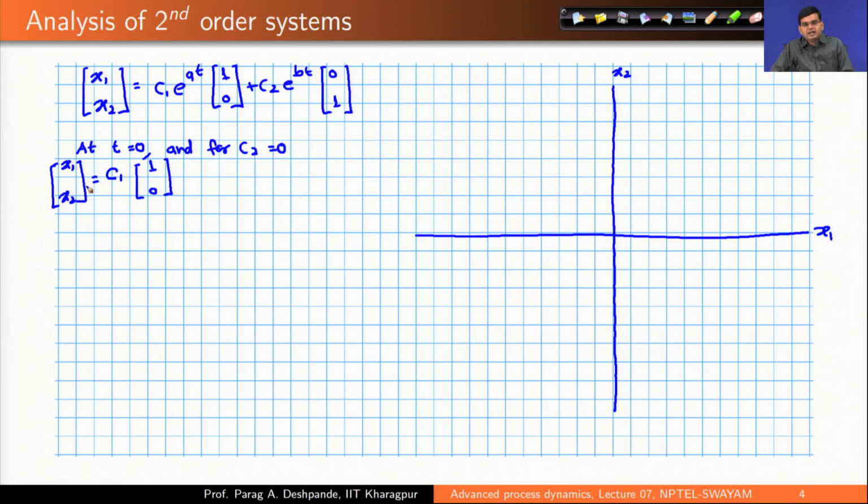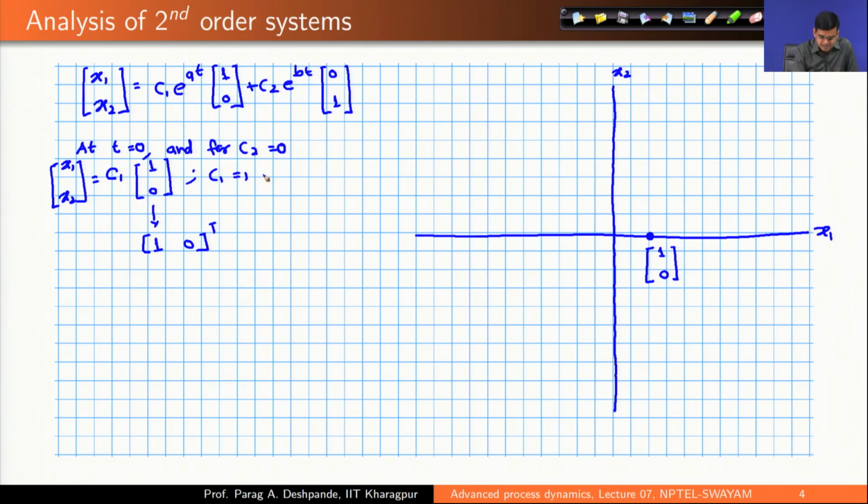Further, I can set C 1 as 1, which would give me simply the solution as 1 0. So, therefore, 1 0 is a solution.